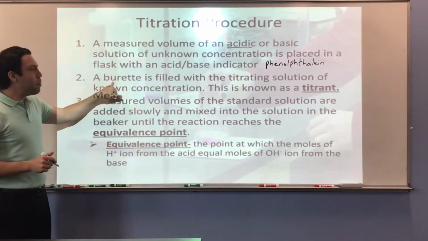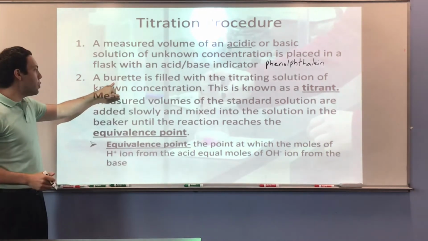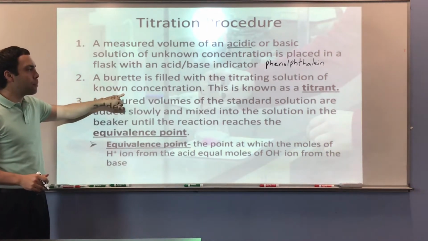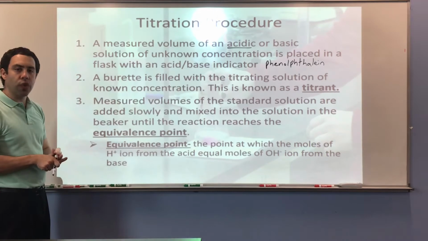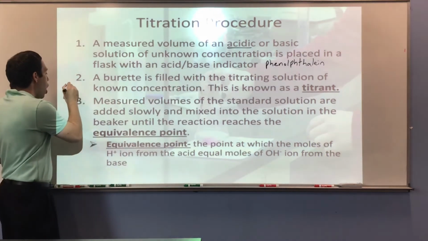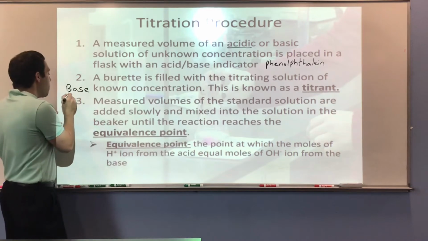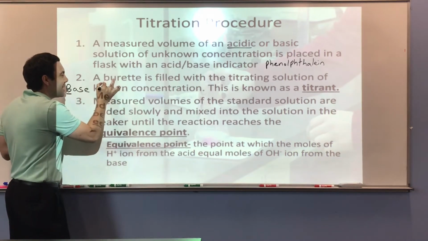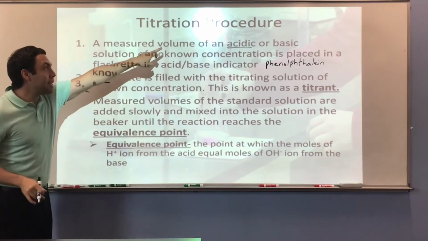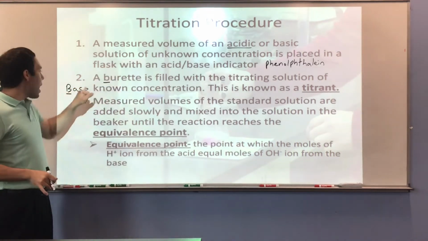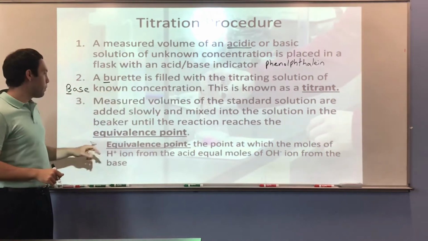Then we will fill the burette with a titrating solution of known concentration, and that is known as the titrant. For our purposes today, we will know the concentration of the base, so we will put the base in the burette. The acid will be in the flask, and the base will be in the burette.